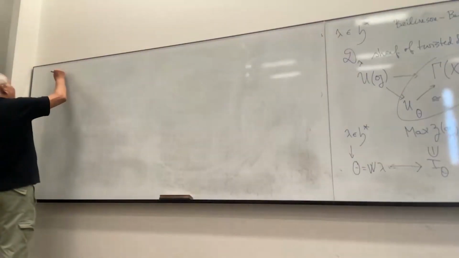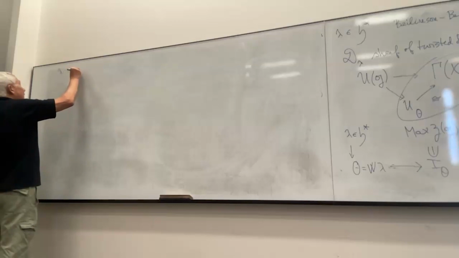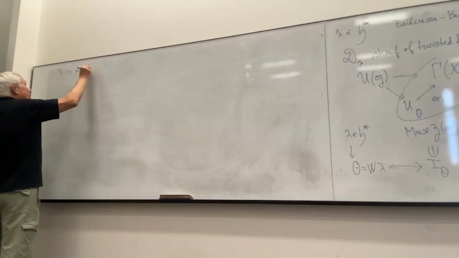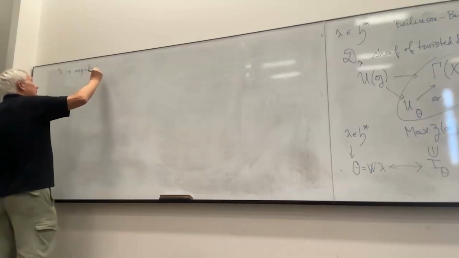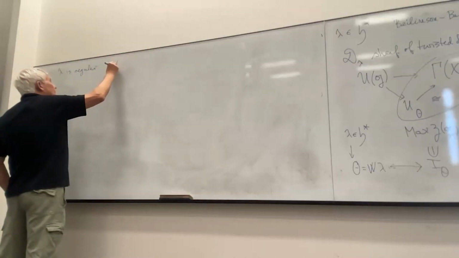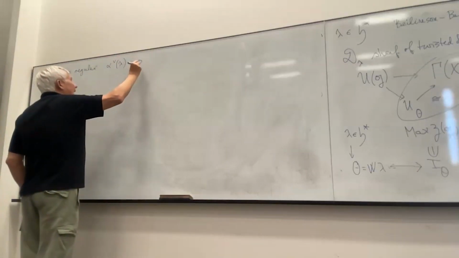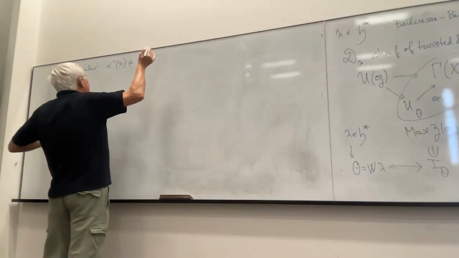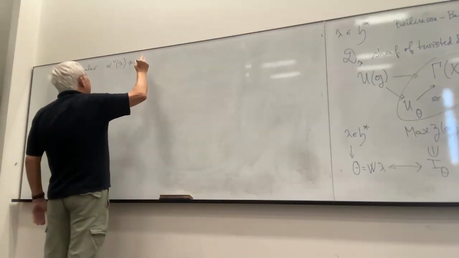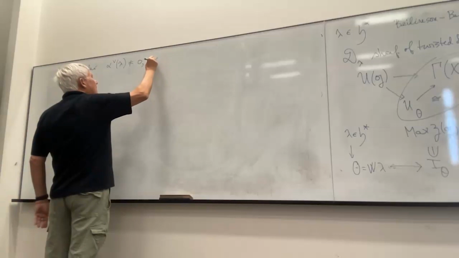So lambda is regular if any dual root on lambda does not vanish. So I'm not on the walls of the Weyl chamber.